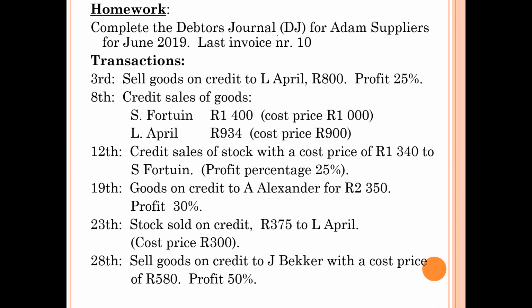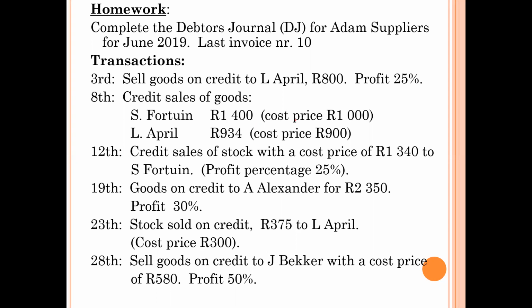Okay, somebody's asking about the profit percentage. Let's look. On the 3rd, I'll give you 25% there. On the 8th, you can still work with 25%. On the 12th, it's 25. Then I change it on the 19th, to 30%.